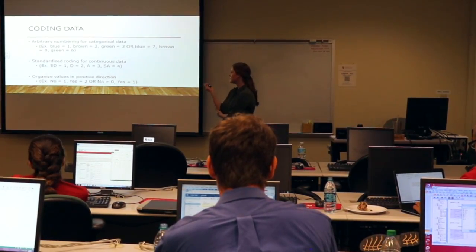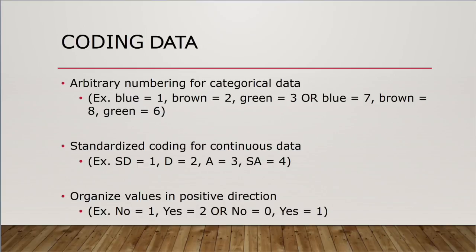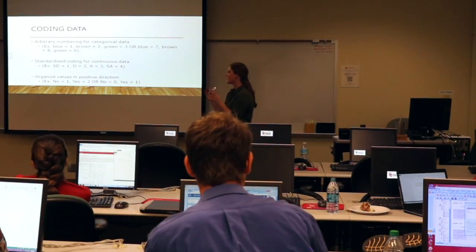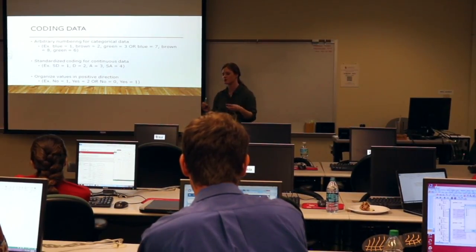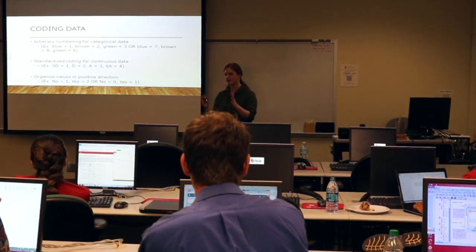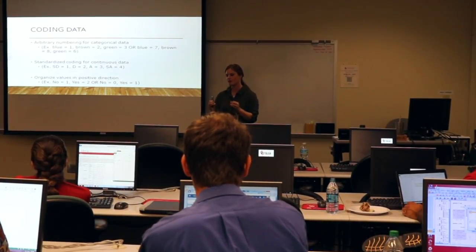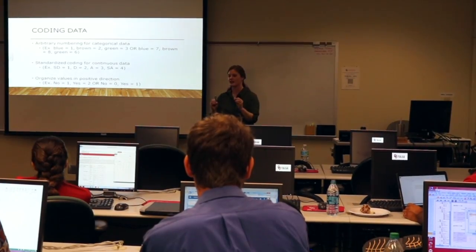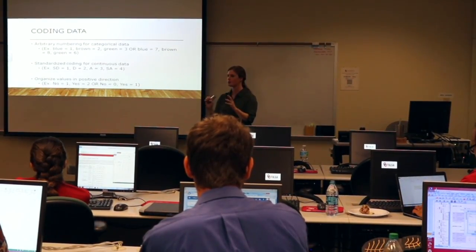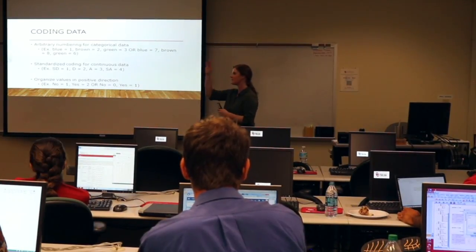The next two bullets here really go together: standardized coding for continuous data, and organizing values in a positive direction. So if you have multiple Likert scales in your survey, or if you have multiple demographic questions and you're trying to decide how to code them, keep everything standardized.